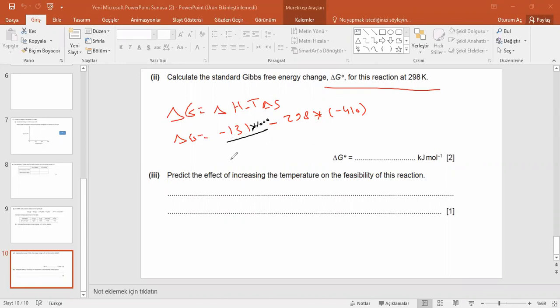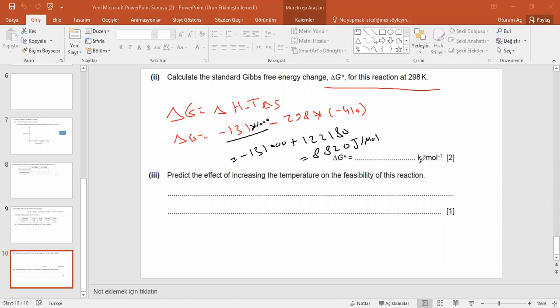So we end up with minus 131,000, or actually it will be plus on this side, 180, and we end up with 8820. The unit here is joule per mole.